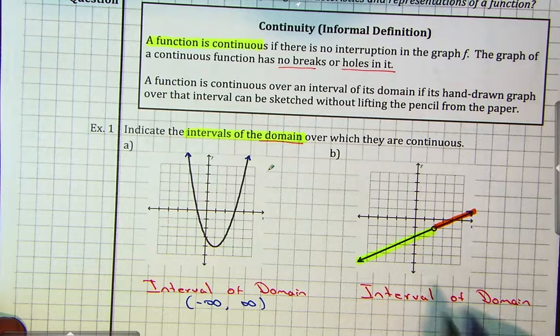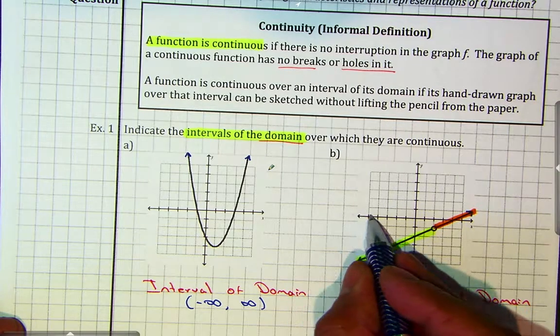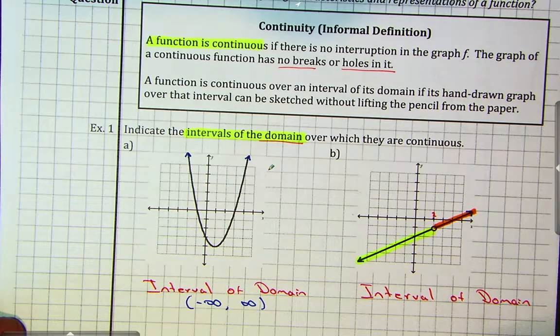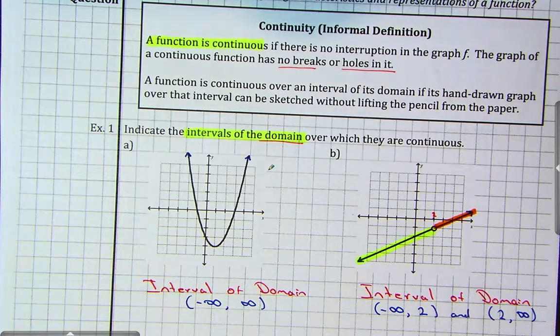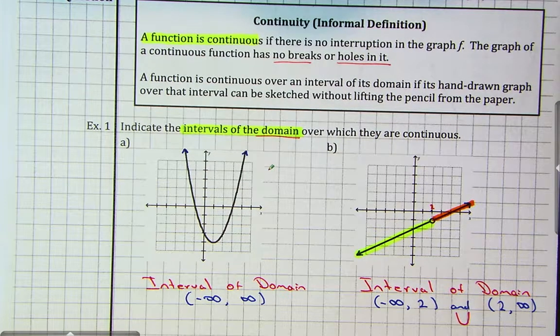The first one is from -infinity all the way up to 2. At 2 there's a break, so it's from -infinity to 2, and from 2 to +infinity. We can also place a union in here instead of an and. But in this case, there are two separate intervals.